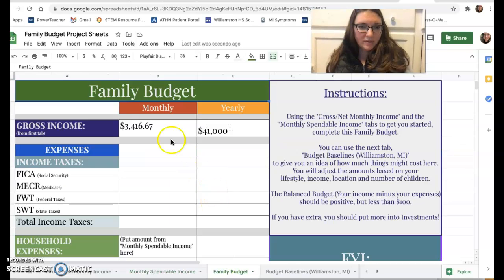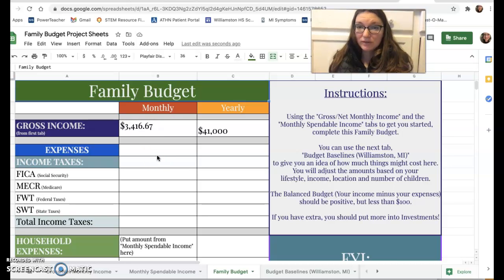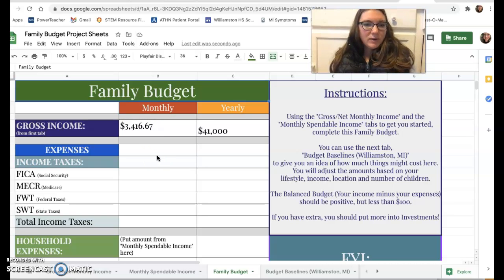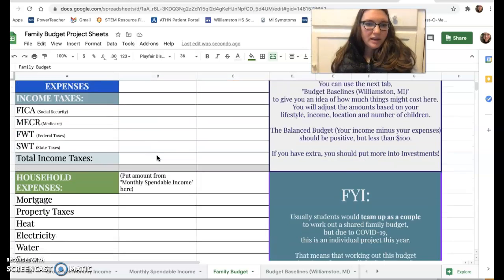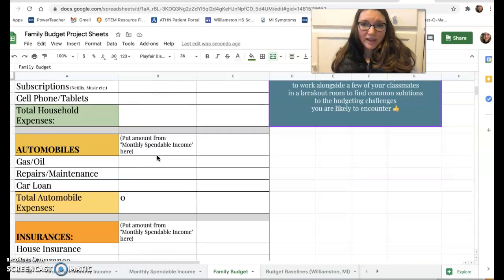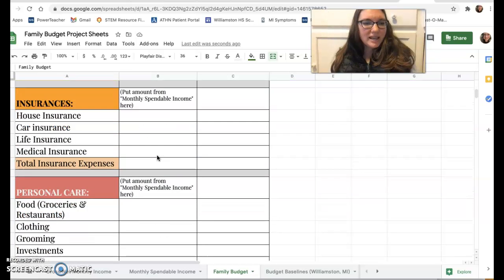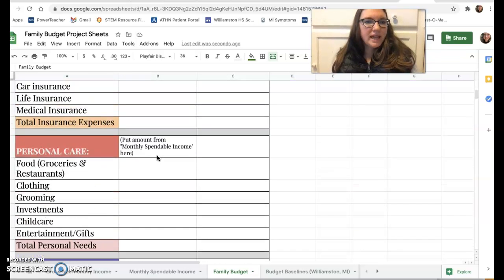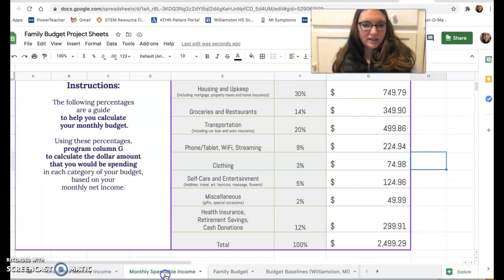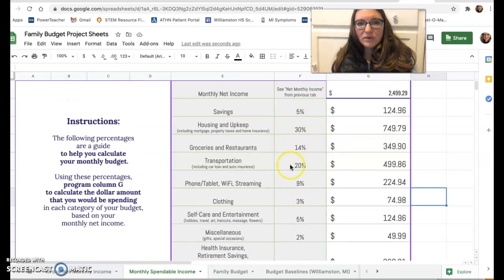So here we go. My gross income, you're going to take this from, so I just want to tell you the big picture of this one. This is giving you an idea of how each of those categories breaks down. Now this is going to be a little bit complex because these categories don't fit exactly into these categories, but these categories give you an idea of where that money should be going.